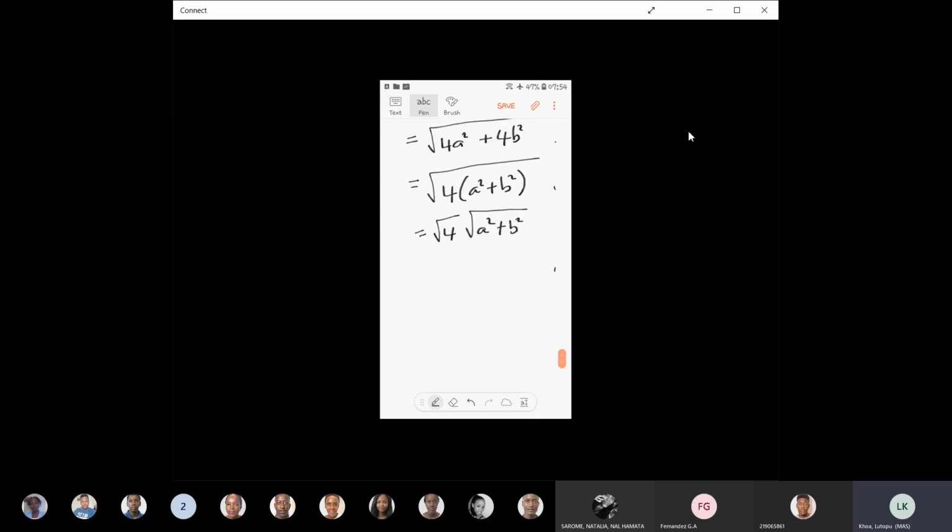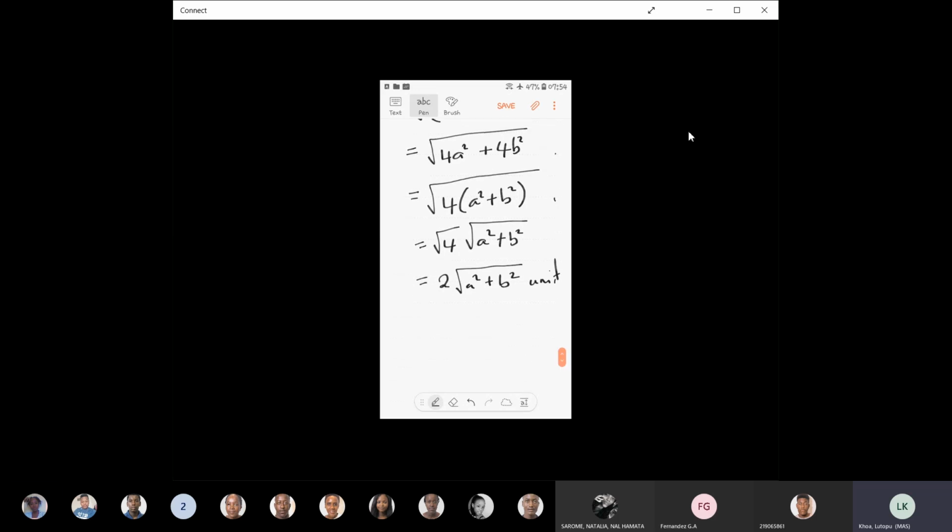The square root of 4 is just 2, and then I have A squared plus B squared. It's not plus or minus 2, it's just 2 because this is a length. So it's 2 square root of A squared plus B squared. Now A squared plus B squared, you cannot separate or simplify any further. So that is how you will leave that one.